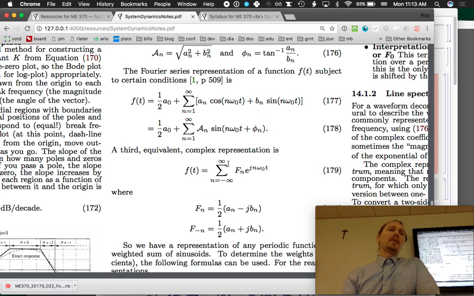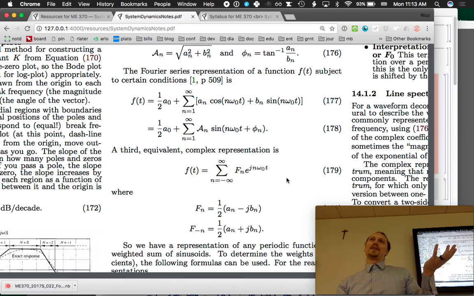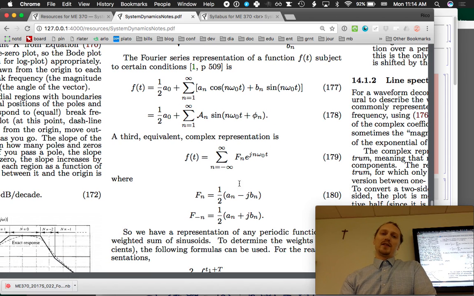So there's another representation. If we have sinusoidal stuff, there's always this complex exponential that Euler's formula allows us to convert to. That's always lurking in the background, right? And sure enough, we can also represent this sum of sinusoids as a complex exponential sum. So instead of summing over the cosines and sines, you sum over these complex exponentials.